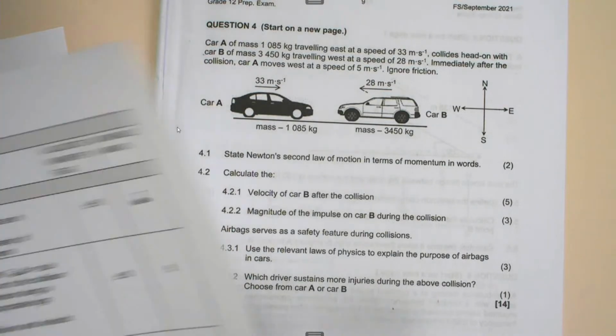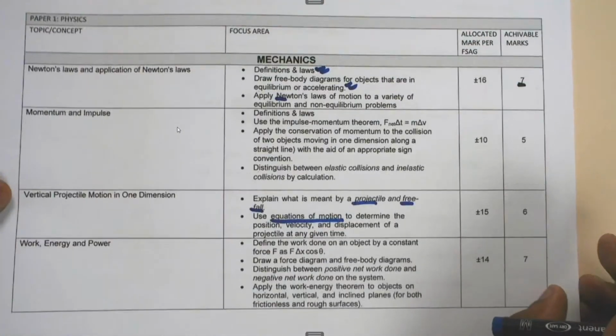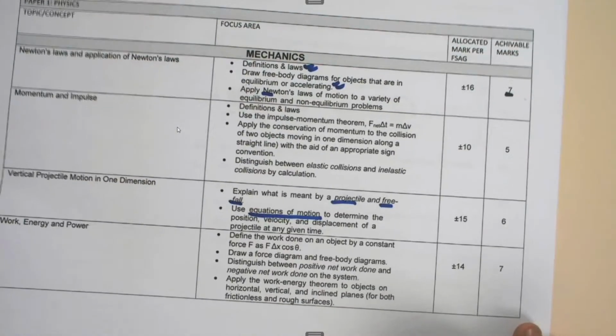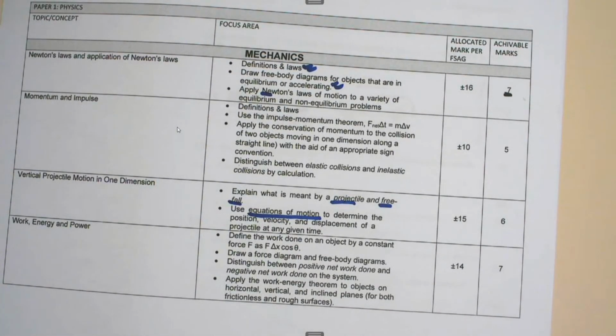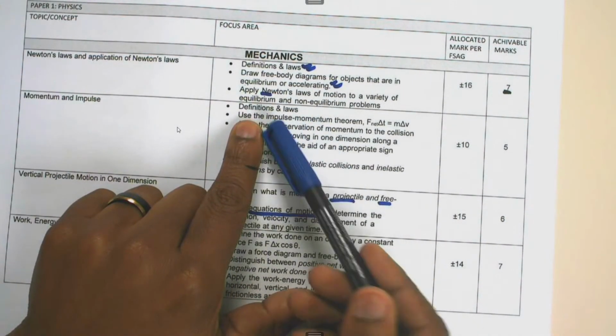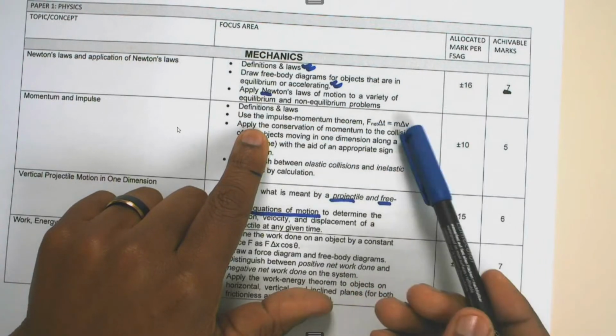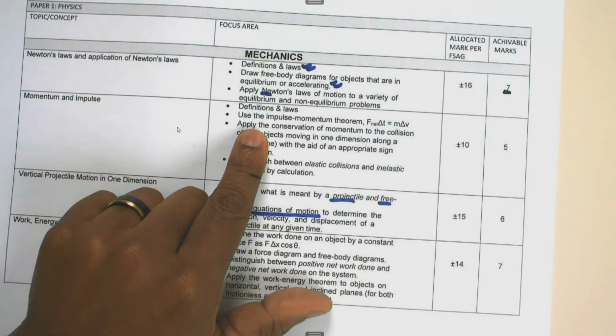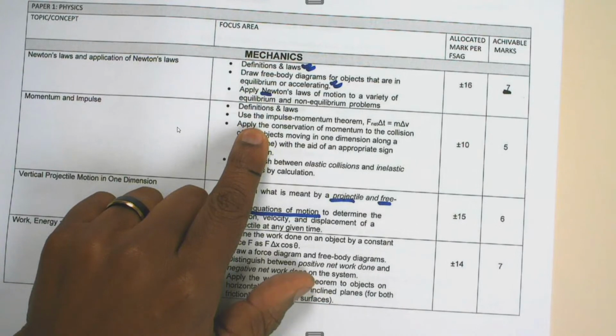First things first, the achievables. What is it that I can easily get marks from? From the definitions and laws, use the impulse momentum theorem, that is F net multiplied by change in t is equal to m change in v.